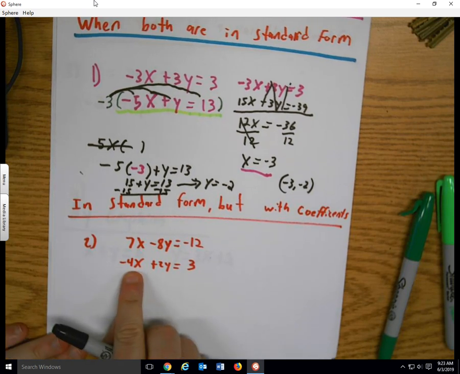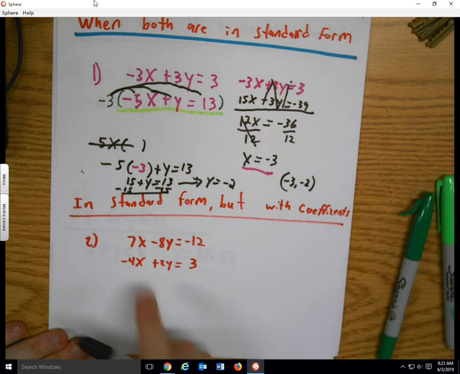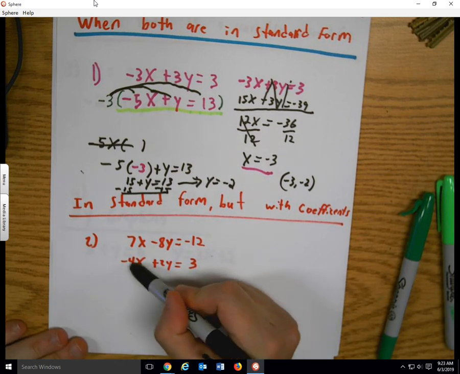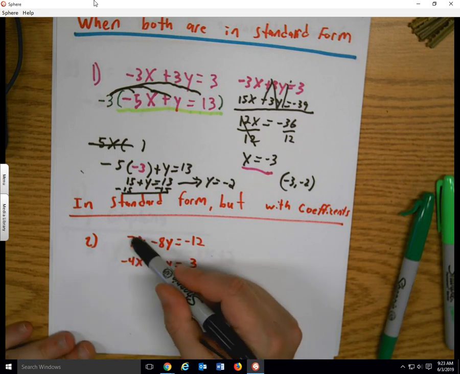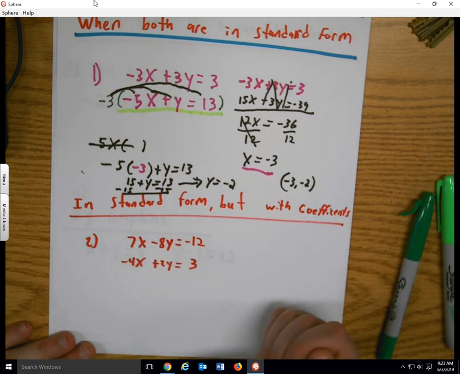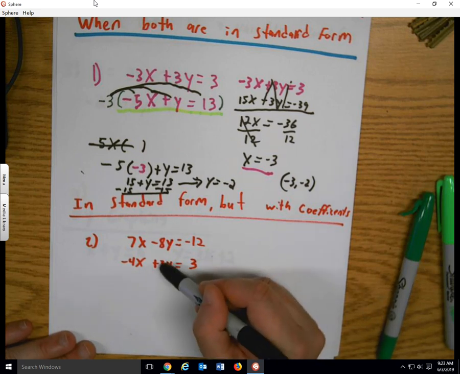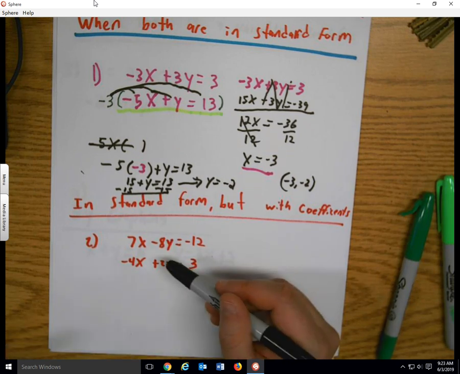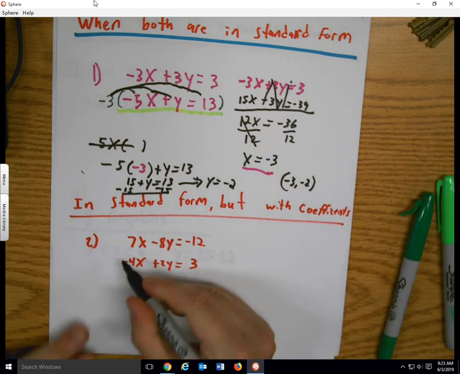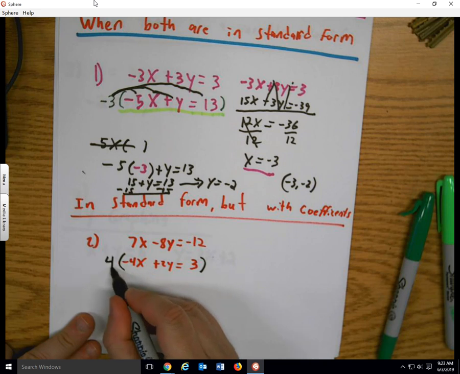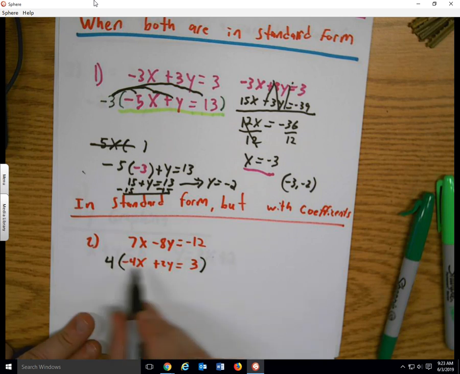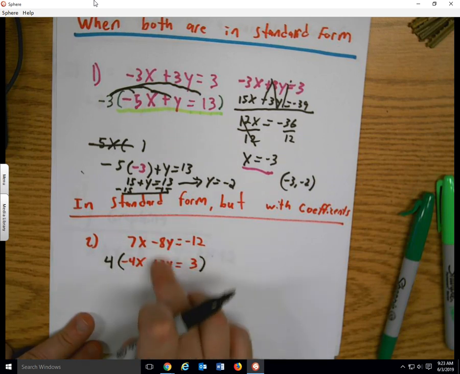Now, it would be really challenging to get rid of the x's here, because if I count by multiples of 4, 4, 8, 12, 16, it never turns to a 7. So that's not very easy. But if I count by 2's, it would turn into an 8. 2, 4, 6, 8. So I'm going to multiply the bottom equation by 4, because 2 times 4 is 8. And they will be opposite.